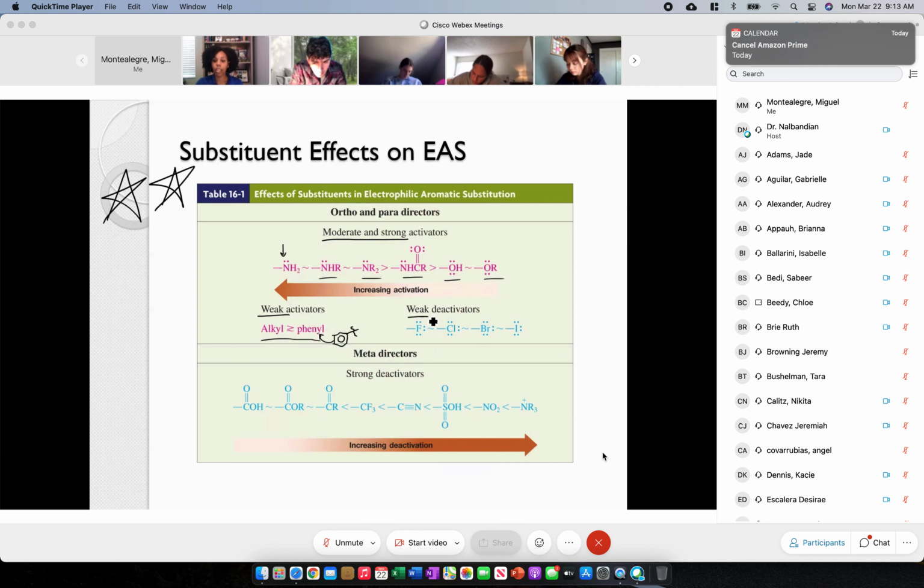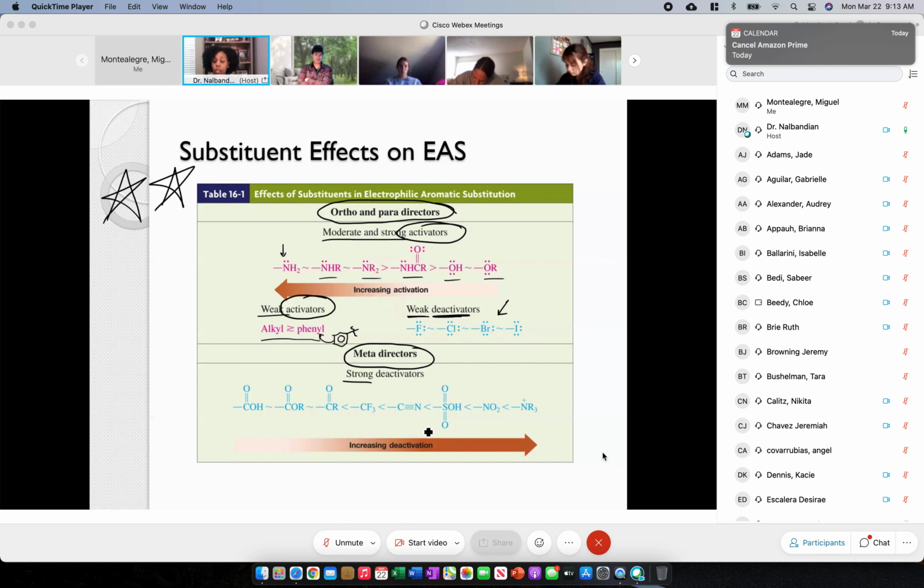And then we have our weak deactivators. So we were just talking about activators. They activate the benzene ring for this reaction to occur. Now we're looking at deactivators. So we have our weak and our strong deactivators. But notice that here, these weak deactivators fall in this ortho and para director box, whereas the other deactivators all are meta directors.